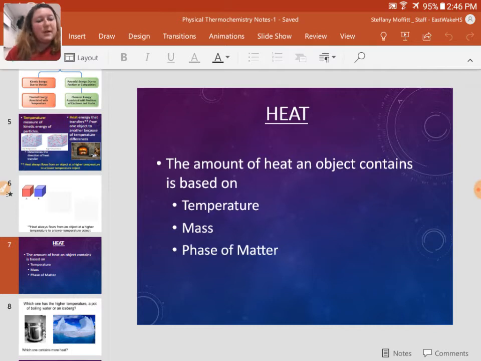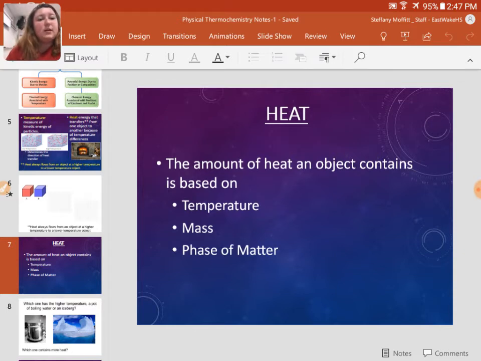So if the particles are in the liquid phase and they're really hot and there's a bunch of it, we're going to have a lot of heat there. Heat is the total amount of energy, whereas temperature is that average amount of kinetic energy.